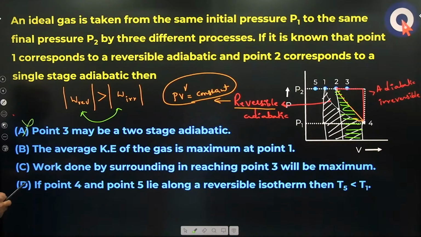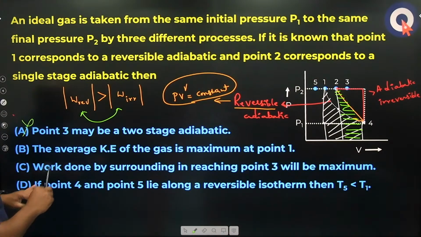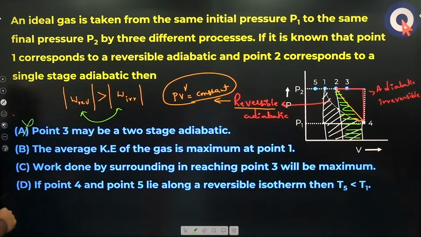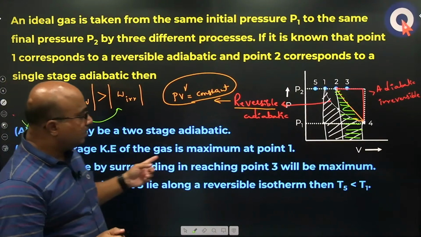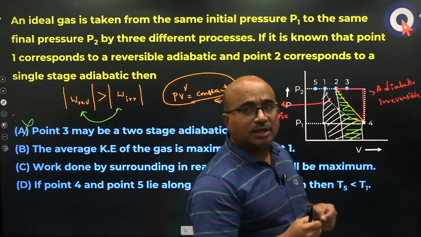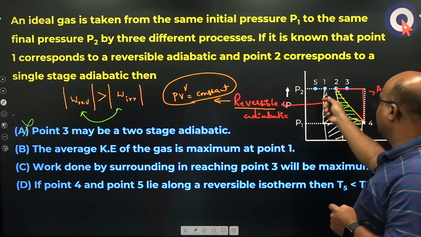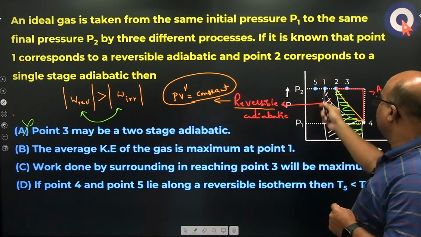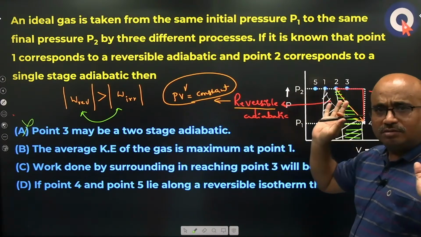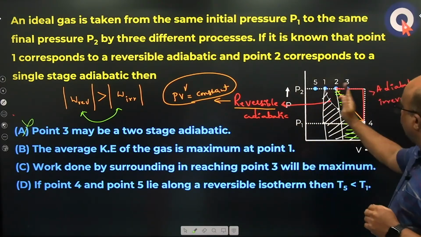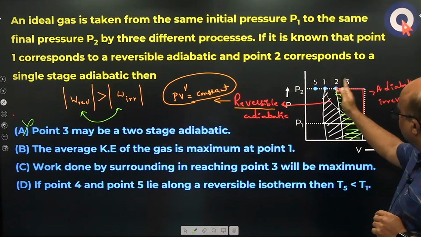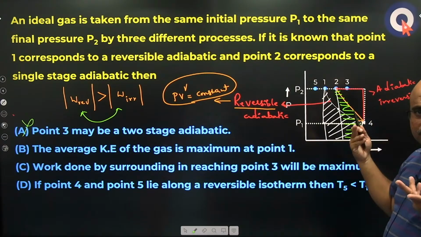So the point 3 will not indicate the adiabatic process. It indicates something else. Then next, the average kinetic energy of the gas is maximum at the point 1. So this is the point 1, which is adiabatic. Maybe these processes are different, what we don't know. 1 and 2 only we know. It's adiabatic reversible, this is adiabatic irreversible.